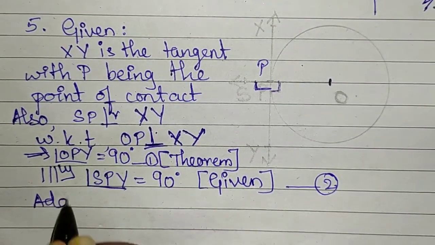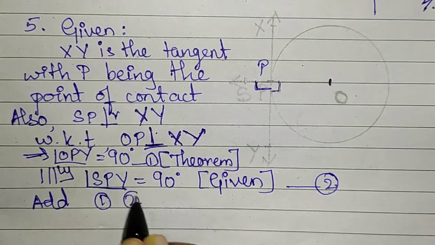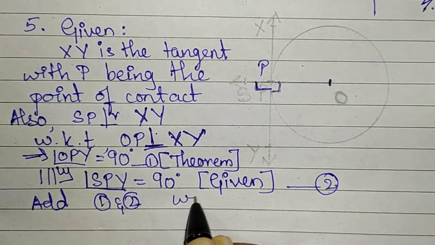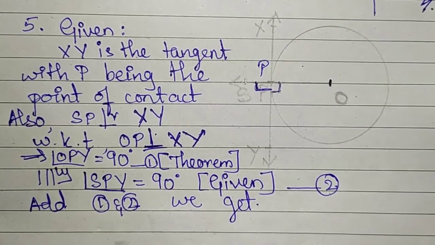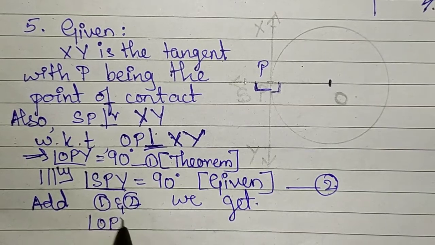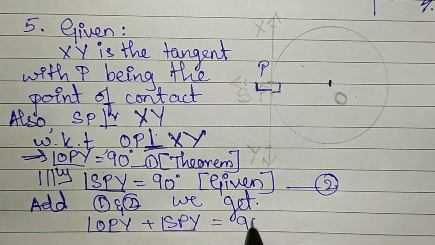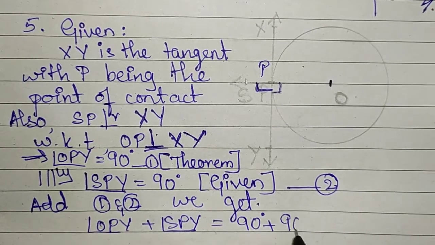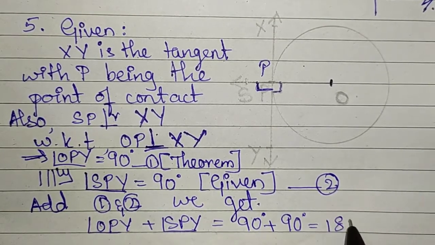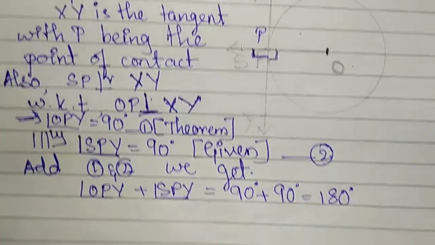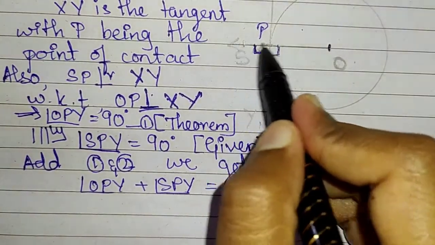Add 1 and 2. We get angle OPY plus angle SPY is equal to 90 degrees plus 90 degrees is equal to 180 degrees. So here we have a line.